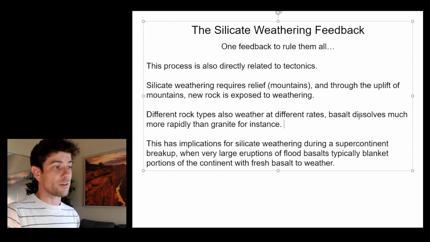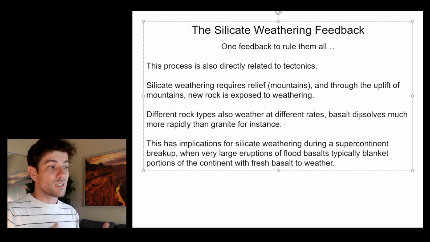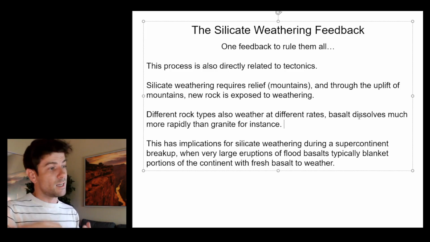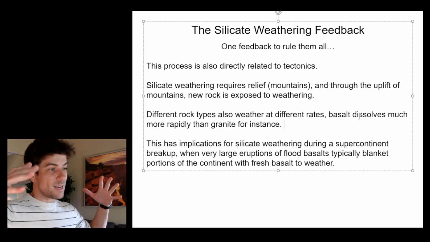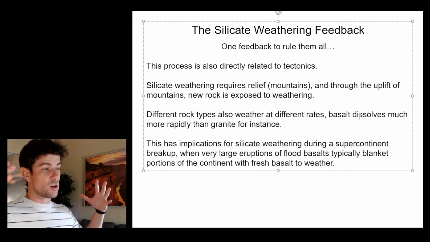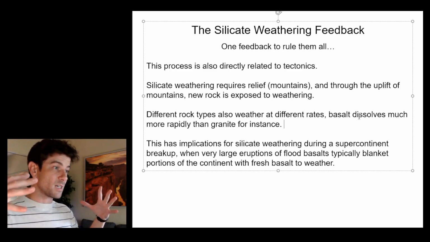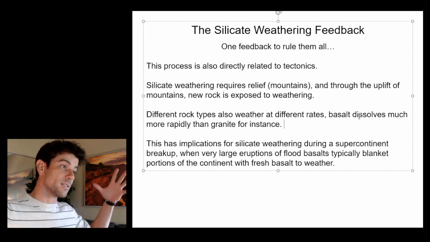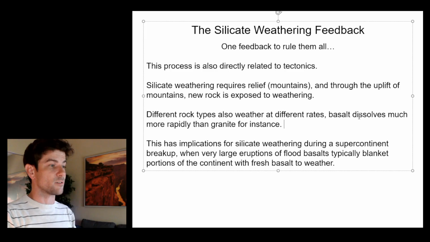And so the silicate weathering feedback actually shuts down, and so no atmospheric CO2 is being taken up through silicate weathering, and as a result, atmospheric CO2 is able to just build up and build up until the greenhouse effect gets strong enough, despite the crazy high albedo of the Earth at that point. The greenhouse effect gets so intense that it melts the ice, and it causes this sort of cascade of feedbacks that lead into catastrophic deglaciation, right?